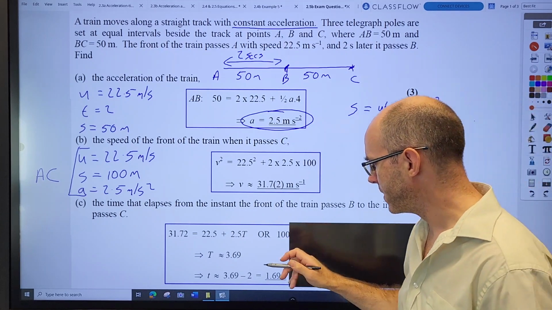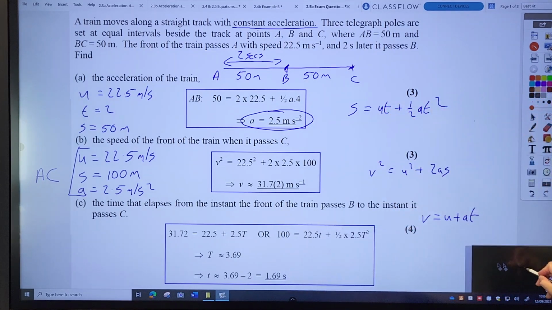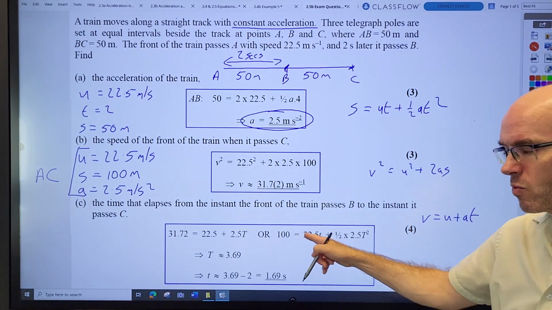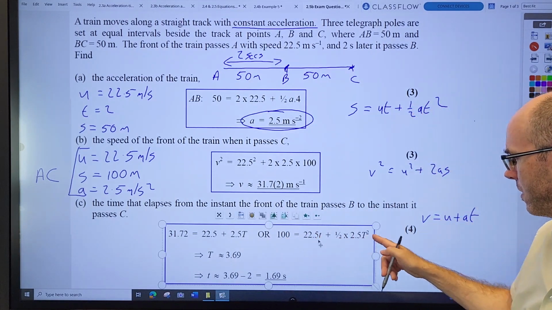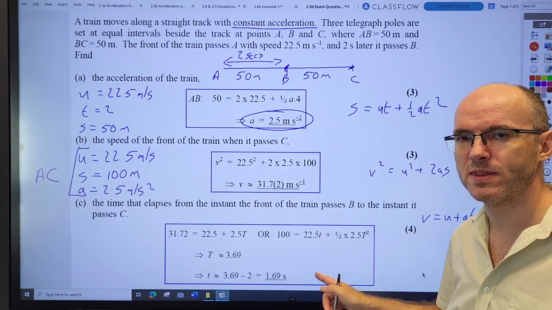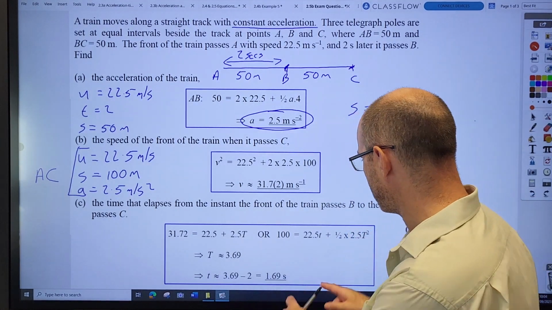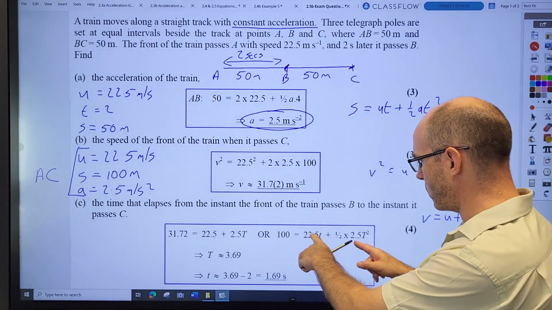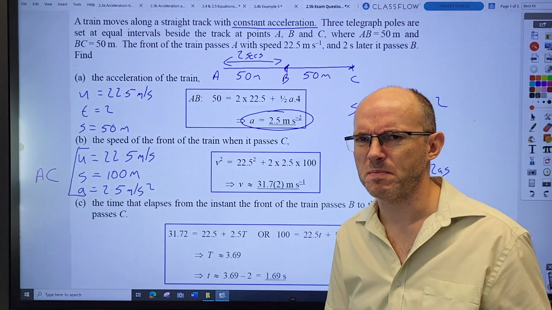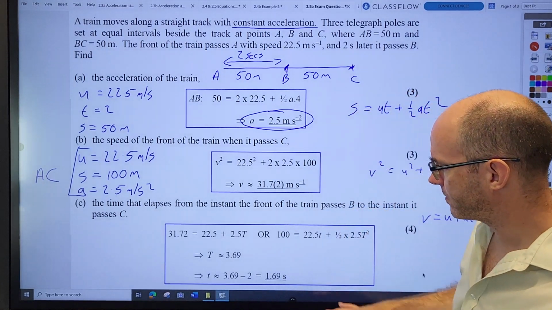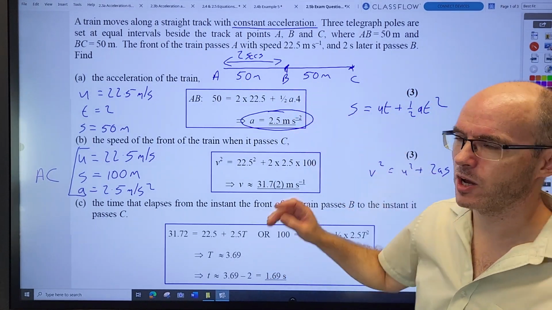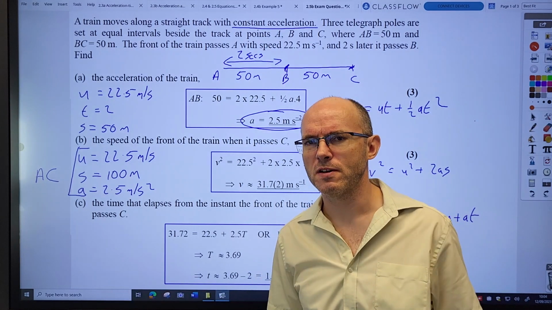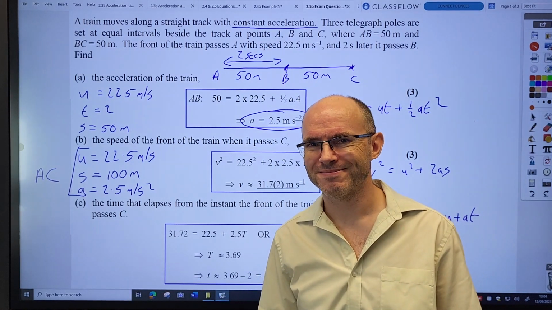You can see there's an alternative approach to this as well. That's the one I mentioned, S equals UT plus half AT squared. I don't recommend that purely because it's a quadratic, and when you solve it, it's just a little bit longer. That's all. But there we go. That's that one. I'm hoping you found that one very useful. Okay, thanks for watching.